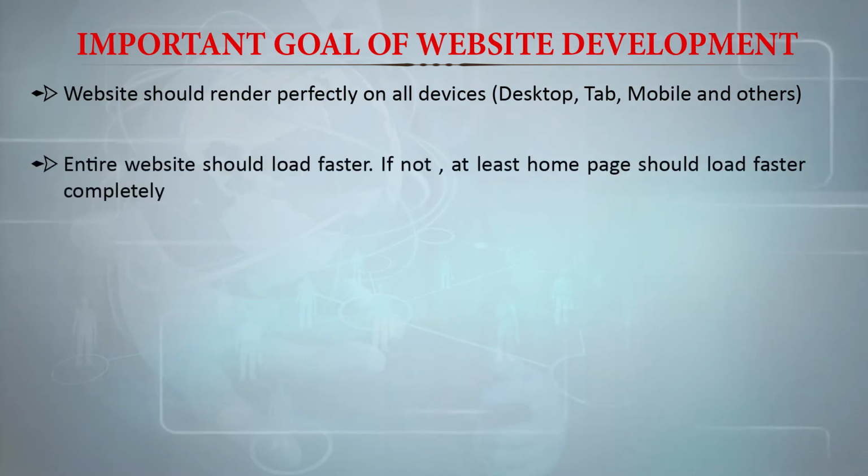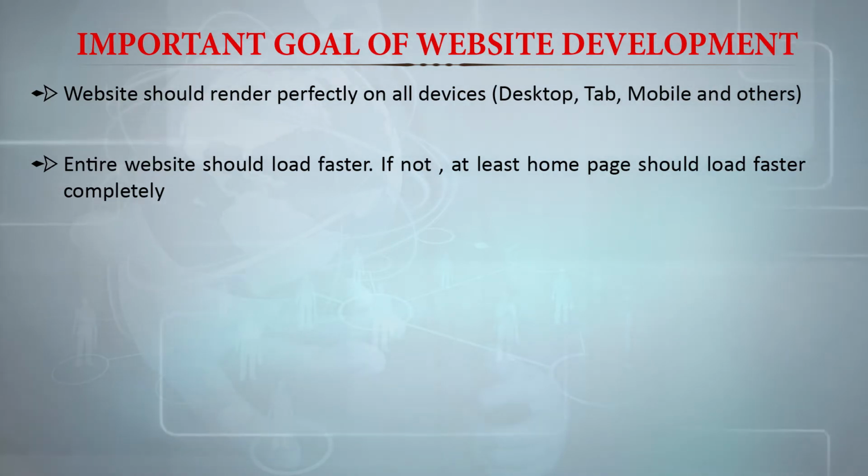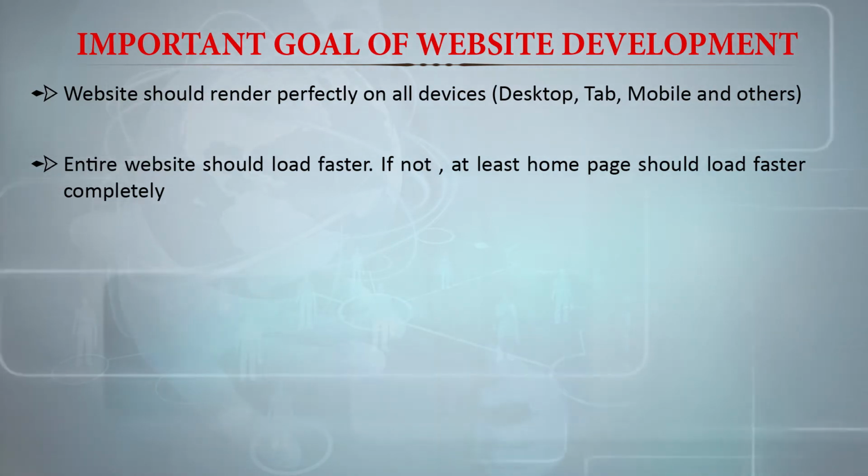So, whatever website is developed, it should render perfectly on all the devices. The entire website should load faster, if not at least home page should load faster completely. Often we see that when we go to a website, it takes a lot of time for the home page to be loaded.